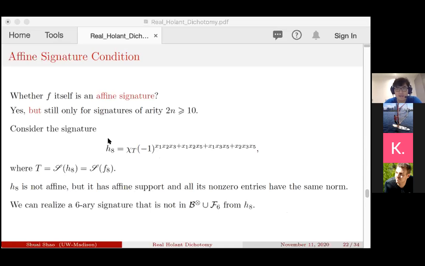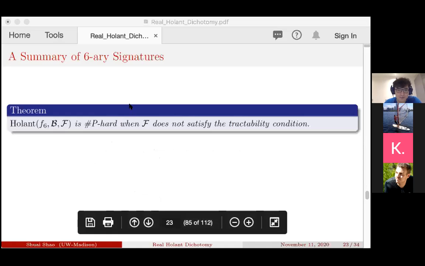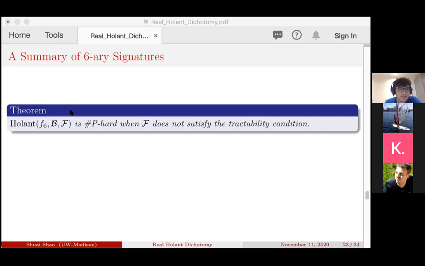So now let's summarize the case of 6-ary signatures. By the induction proof on non-affine signatures, we prove that the Holant problem specified by the original signature set script F, together with this special signature F sub 6 and all 4 bi-binary signatures, is #P-hard when the signature set does not satisfy the tractability condition.